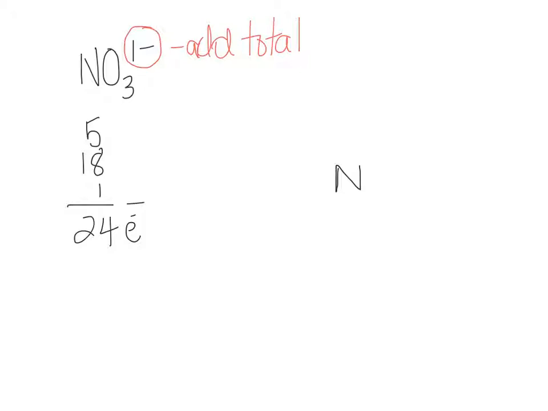So, nitrogen's got the highest combining capacity. So put the oxygens on it. So how many did we use? 6. So that leaves us with 18.